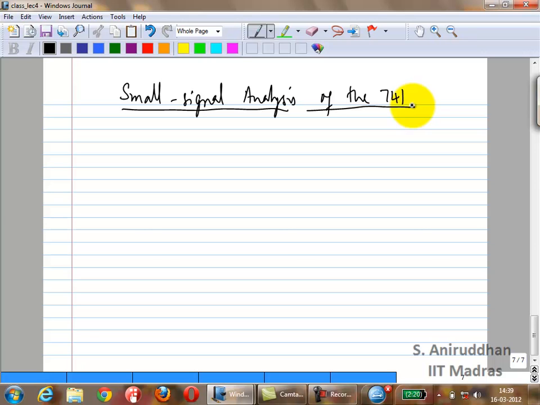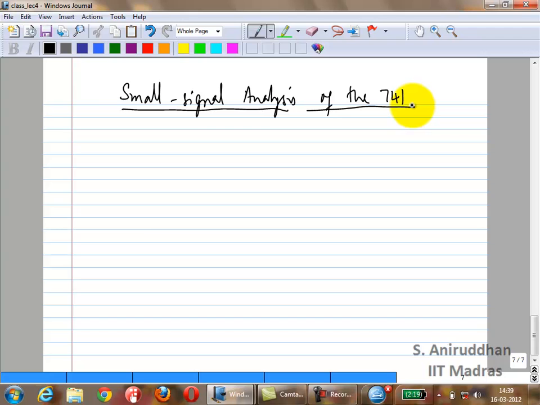Okay, so DC biasing is clear to everyone? In most cases we just followed some very basic assumptions. Hopefully they are valid, but there are some assumptions which we made which may or may not be valid: betas of the transistors, beta of NPN, PNP, the saturation current or the area of the output stage.